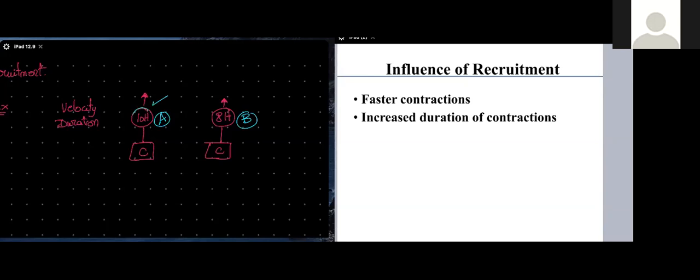So more muscle fibers are carrying on the contraction. This allows the muscle to not only perform a stronger contraction, but also a faster contraction, increasing the velocity of the contraction. So here, those 10 horses are going to be pulling the cart much faster than those 8 horses.